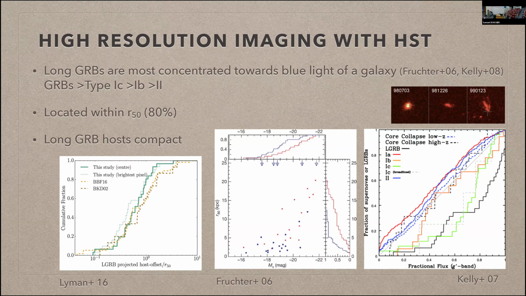And how are gamma ray burst locations correlated with the blue light of the host? There is some sample here already from 2007, where it became clear that long GRB sites are probably the most correlated to blue light in the host, while core collapse supernovae are much closer to the average distribution, which is also not entirely true, as we're going to see a little bit later.